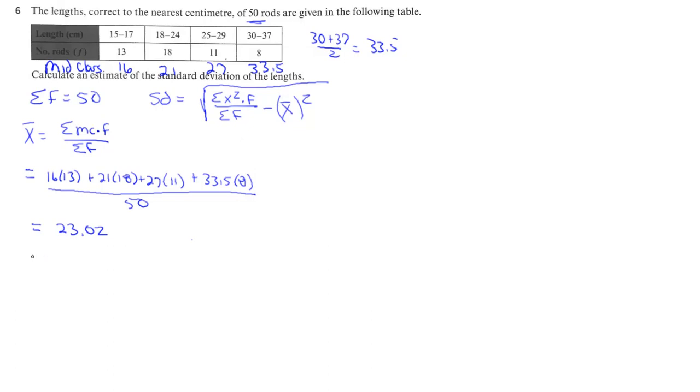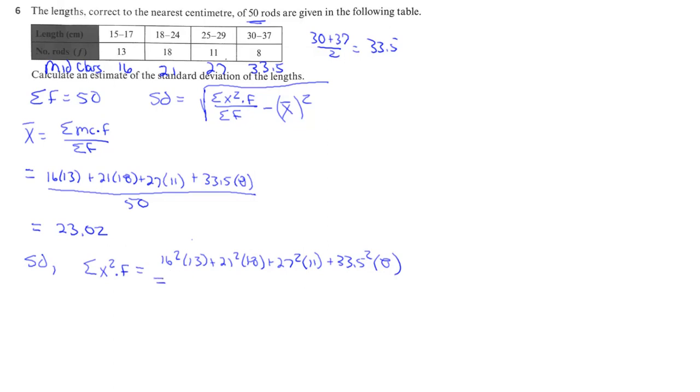Let's go ahead to the standard deviation. For the standard deviation, we're going to need the sum of the x squares times their frequencies, which is going to look just like we did a minute ago, only we're going to square each x before we multiply it by its frequency. Now, you probably don't need to figure out all this by hand, but you do need to write it down to show your method.